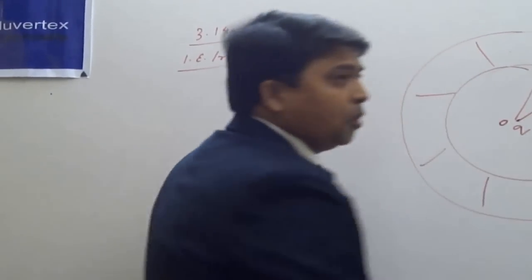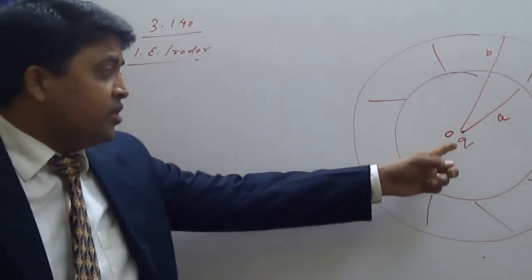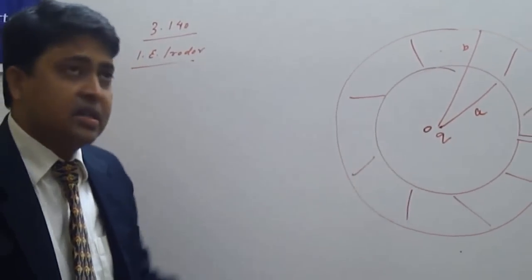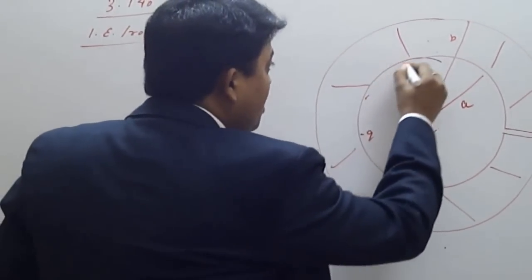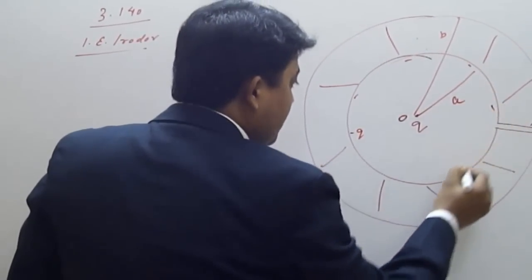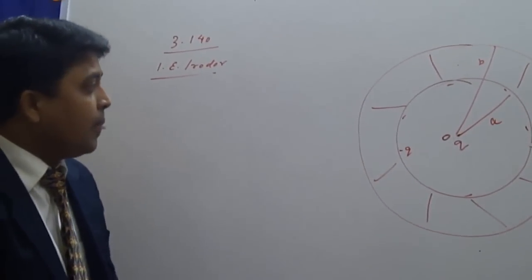The system possesses some energy, because there is a charge Q, and by induction the inner surface will attain a charge minus Q. That you know well from Gauss law. The outer surface will have an equal and opposite charge.